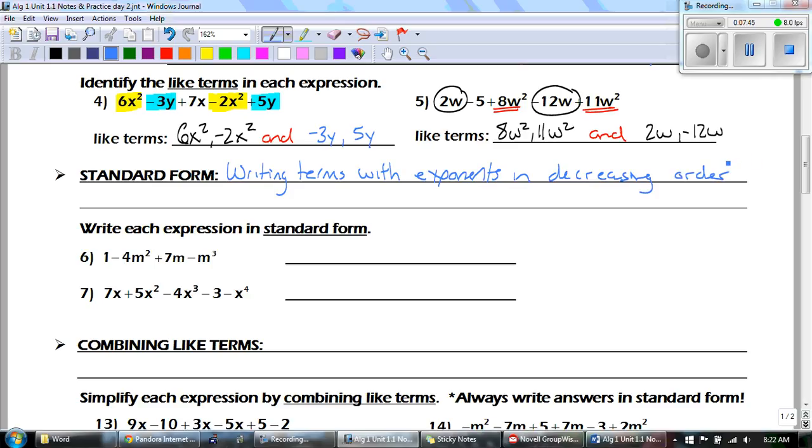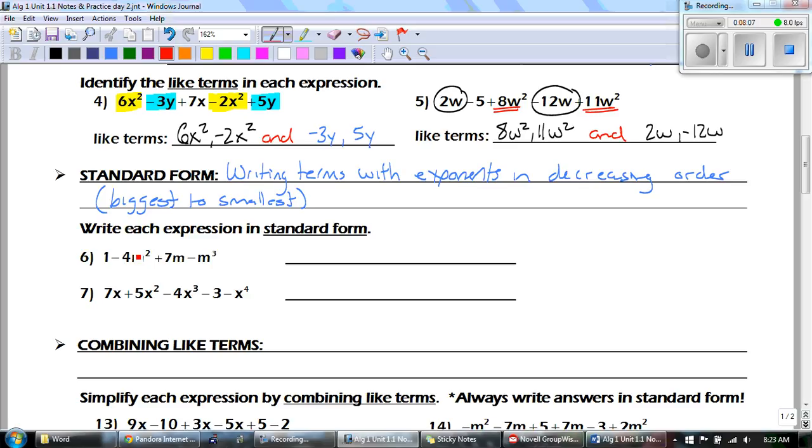Since I know it's been a long summer, remember that decreasing order means going from the biggest to the smallest. So we're taking our biggest number to the smallest number when it comes to exponents.